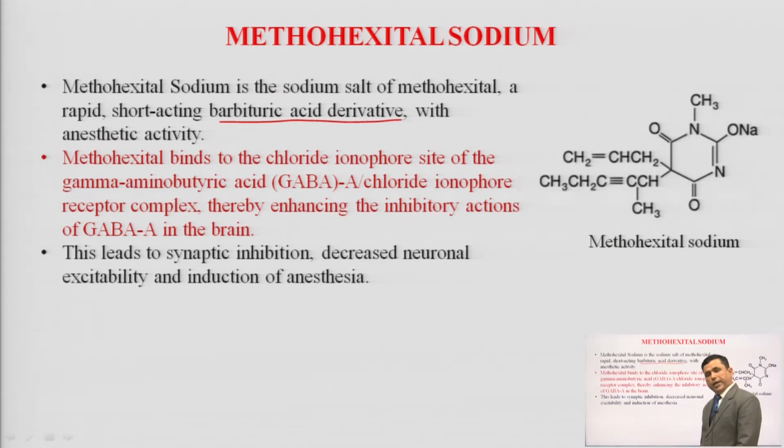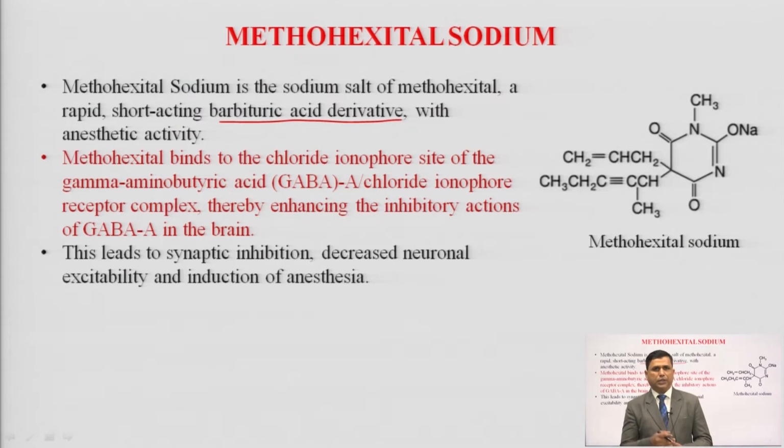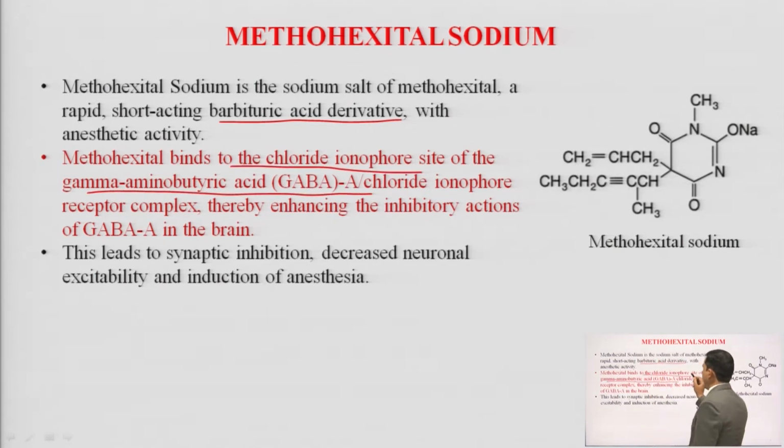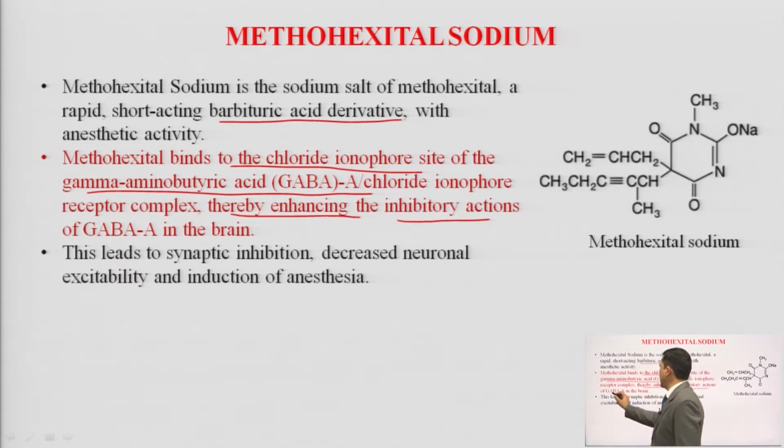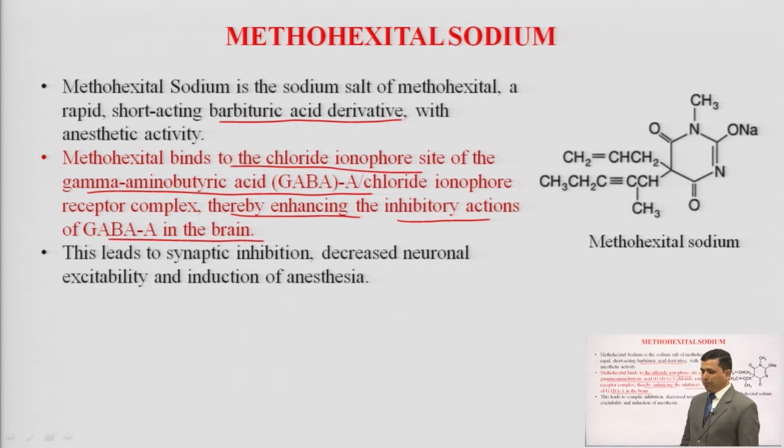Next is the methohexital mechanism of action. In the mechanism of action, methohexital binds with the gamma aminobutyric acid (GABA) receptors and opens the chloride ion channel, thereby enhancing the inhibitory action of GABA in the brain.